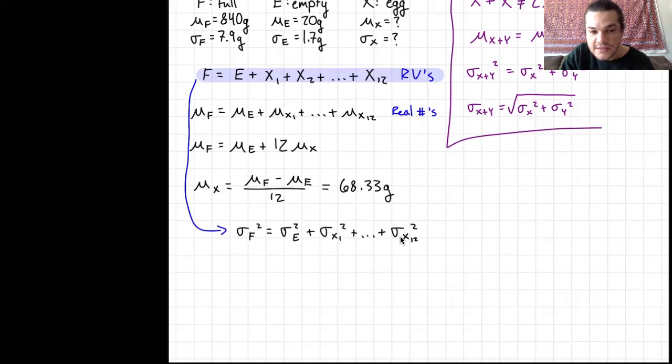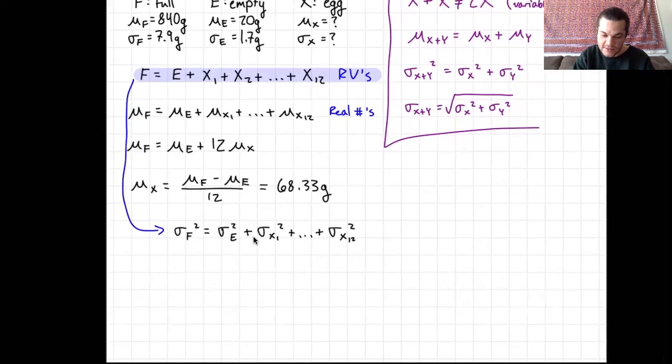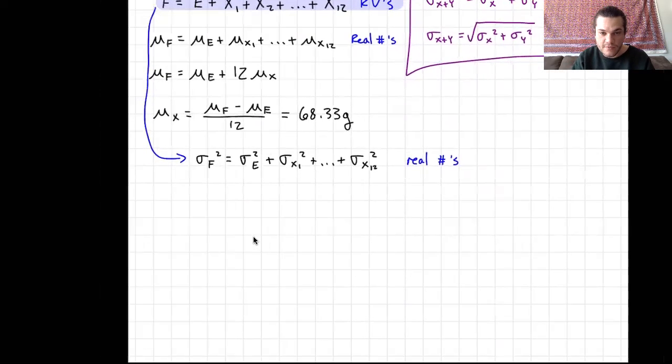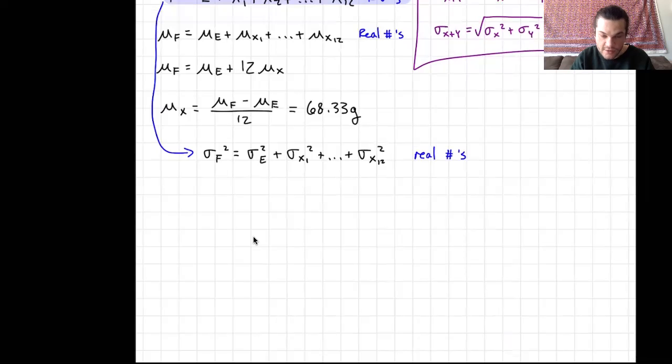So now, once again, this is an equation of real numbers. Here, this is an equation of random variables, but now we're just talking about their variances. These are just numbers. So we can do our regular math with them, and by regular math, I mean algebra. This is the variance of F squared. And now all these variances of these individual eggs, this does become 12 times the variance of a single egg.